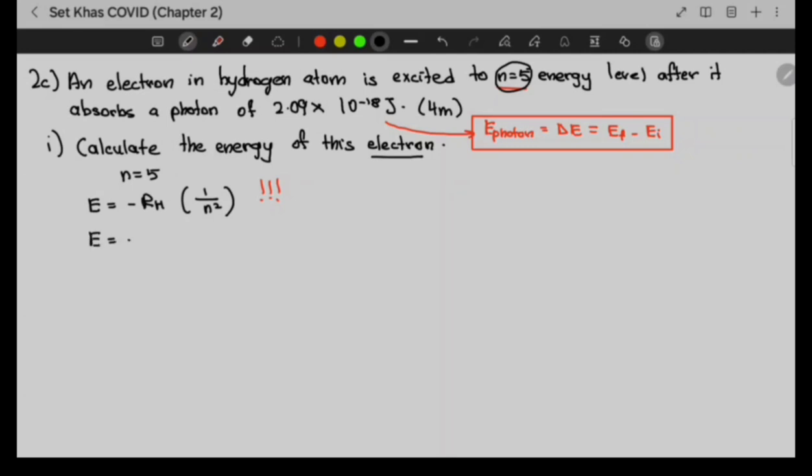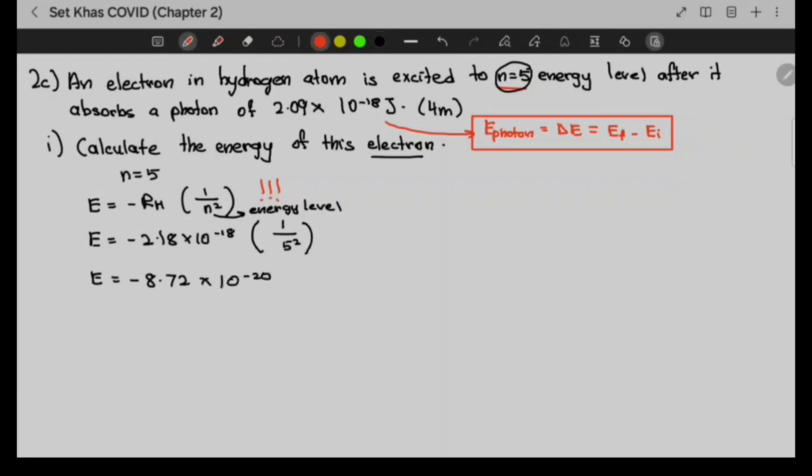So the Rydberg constant is provided, times 10 to the power of negative 18, 1 over 5 square. The n here represents the energy level. So when you calculate it, you will get the value of negative 8.72 times 10 to the power of negative 20.